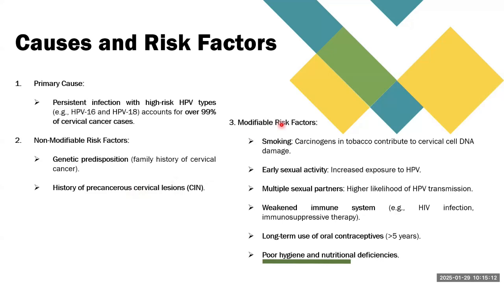Then there are modifiable risk factors. These are things that we can control, and with that control we can modify the disease burden, or the probability that we might get cancer.